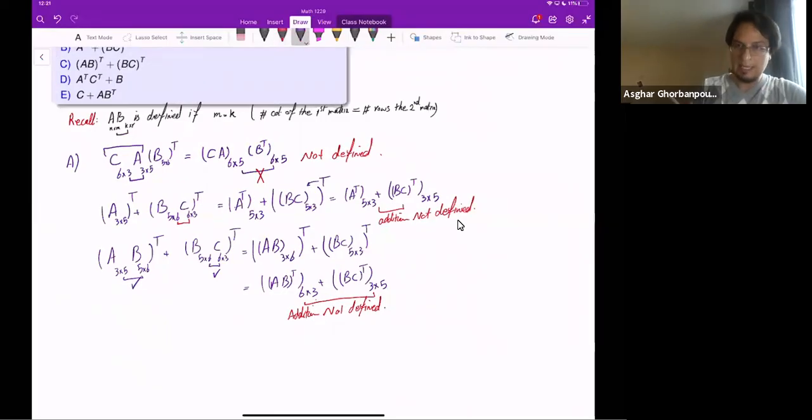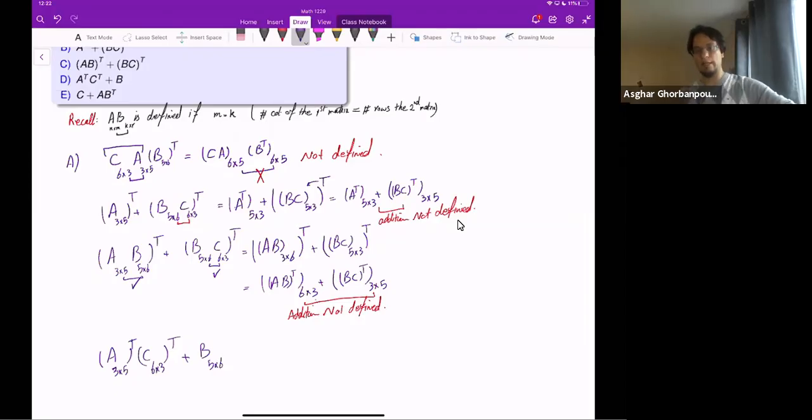Let's do D now. A transpose C transpose plus B. A is 3 by 5, and C is 6 by 3, and B is 5 by 6.